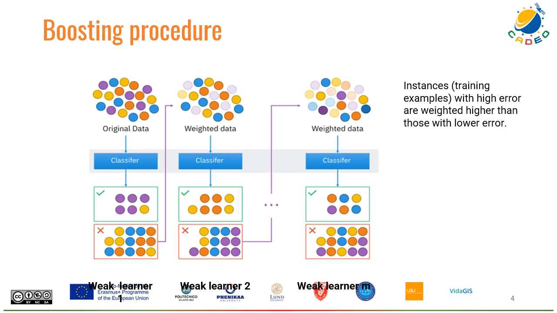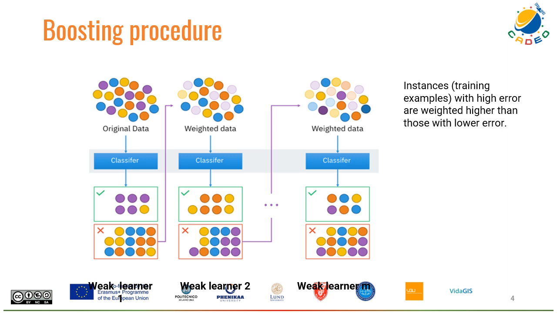This is repeated for each weak learner, one by one in a serial fashion. Then, after a predetermined number of iterations or until a certain performance threshold is reached, the weak learners are combined into a final strong learner.